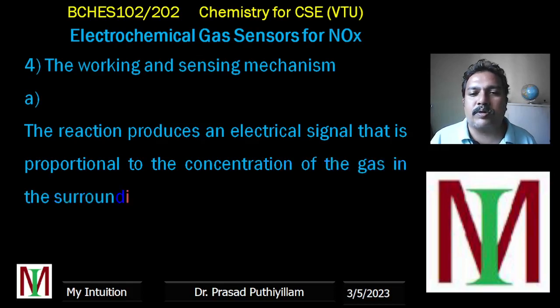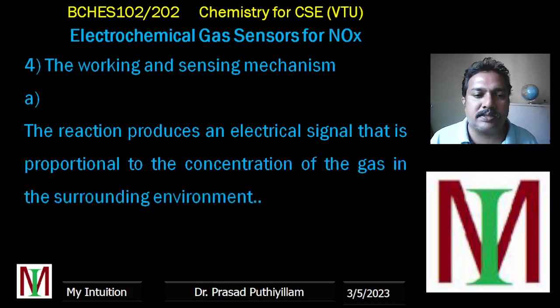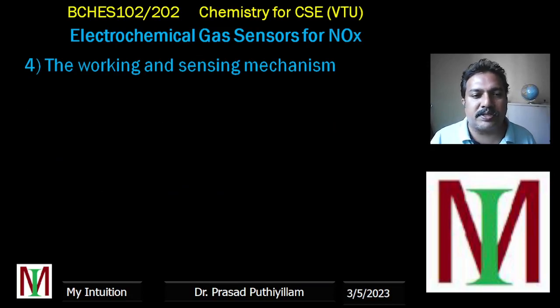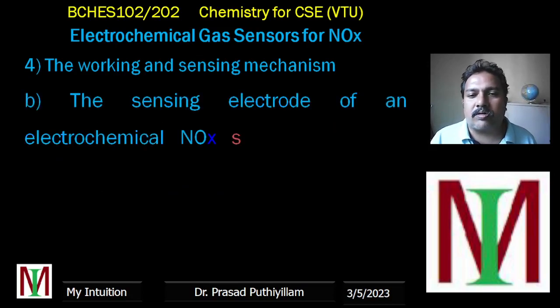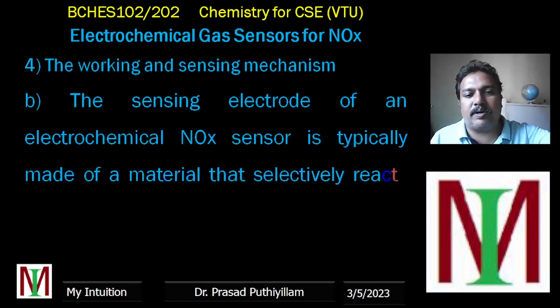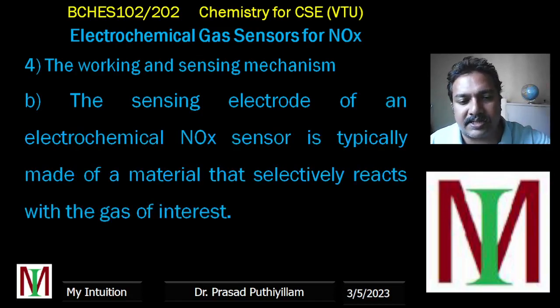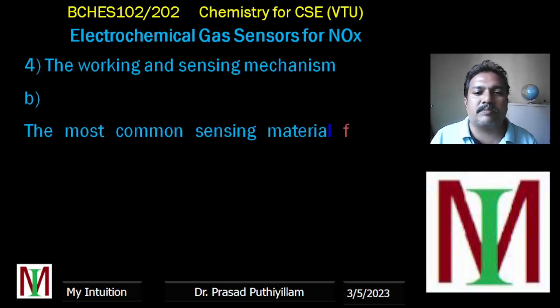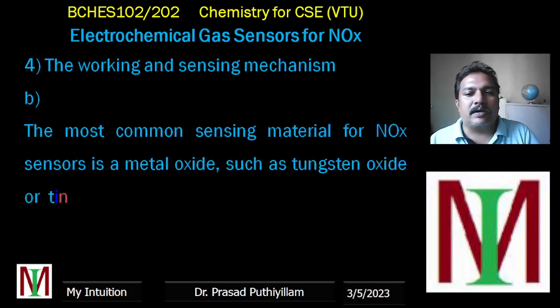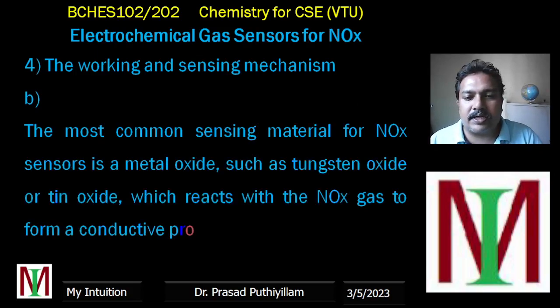The reaction produces an electrical signal proportional to the concentration of the gas in the surrounding environment. The sensing electrode is typically made of a material that selectively reacts with the gas of interest. The most common sensing material for NOx is tin oxide.